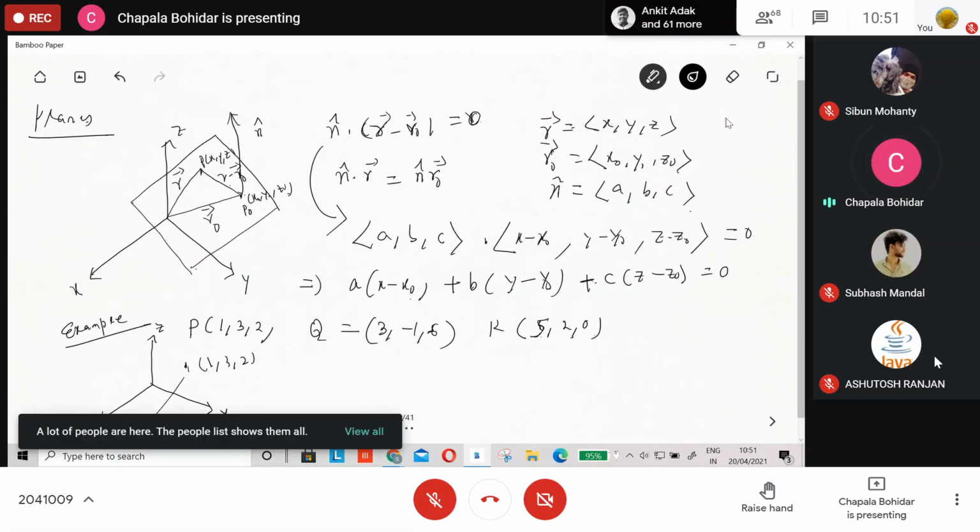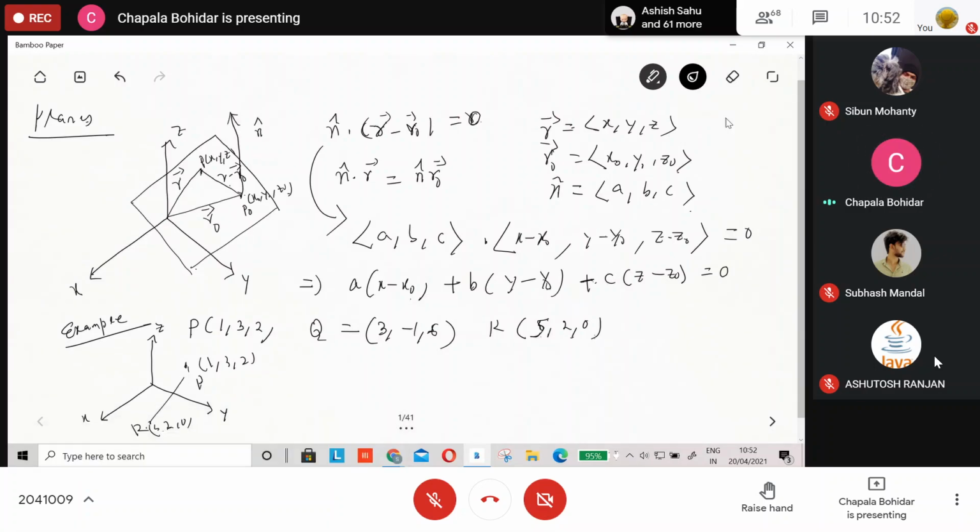It is P and it is R. Now Q. Both x and z are positive, but the value of y is negative, so it must lie on this side. Let us imagine, I'm not drawing the exact figure. So here is your point Q. So now join.